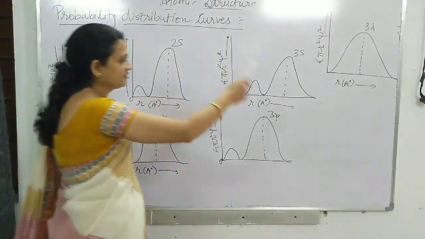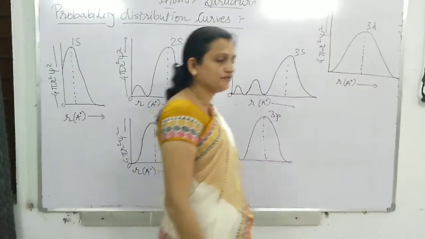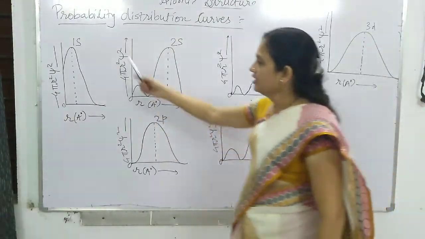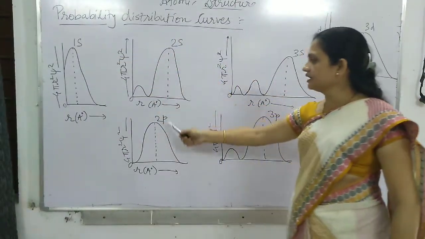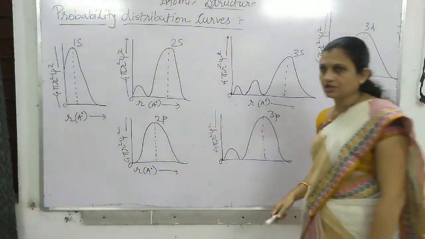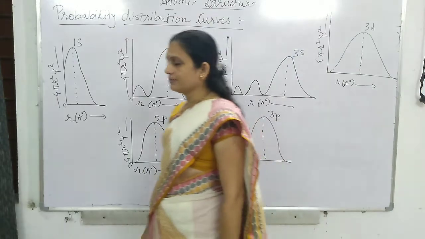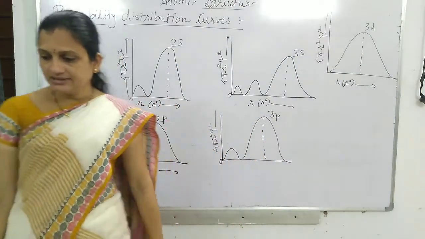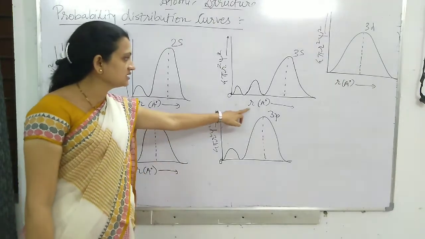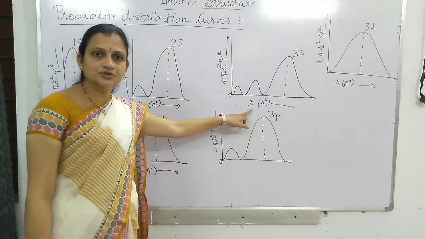Here I have drawn the different types of curves for different orbitals: 1s orbital, 2s orbital, 2p orbital, 3s orbital, 3p orbital and 3d orbital. The radial distribution function depends upon, or is related to, the radius.